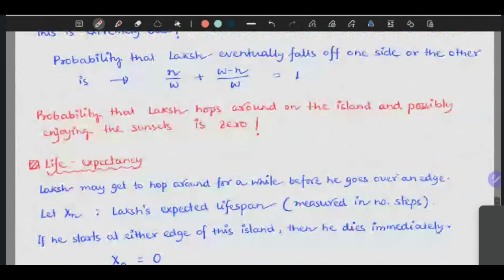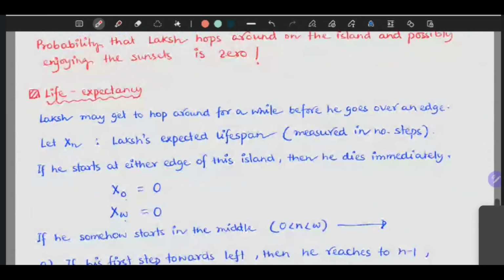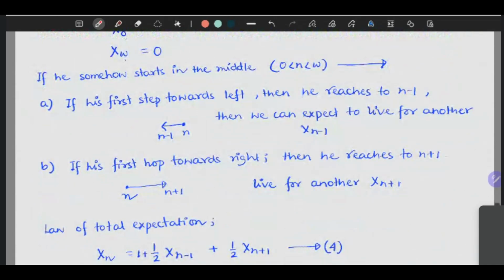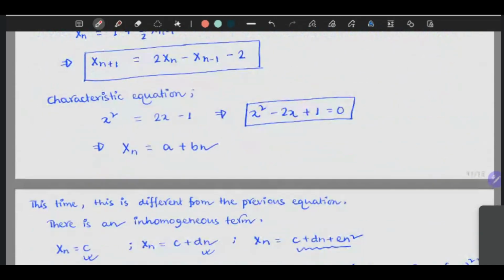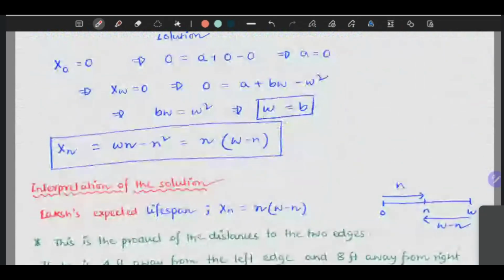Now you can see that the probability of hopping around forever is 0. So the probability of going to either end adds up to 1. But if you look at the life expectancy of hopping, we calculated that also, and we found it is n times w minus n.